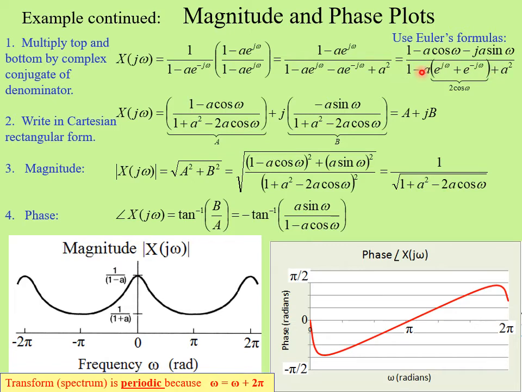Remember, the denominator now is real. There's no more j's left in the denominator. But in the numerator, we have a j in front of this sine term. So when we break this expression into real and imaginary, it splits apart as follows. And again, if that's not obvious to you, you should be able to work this out with a piece of scratch paper.